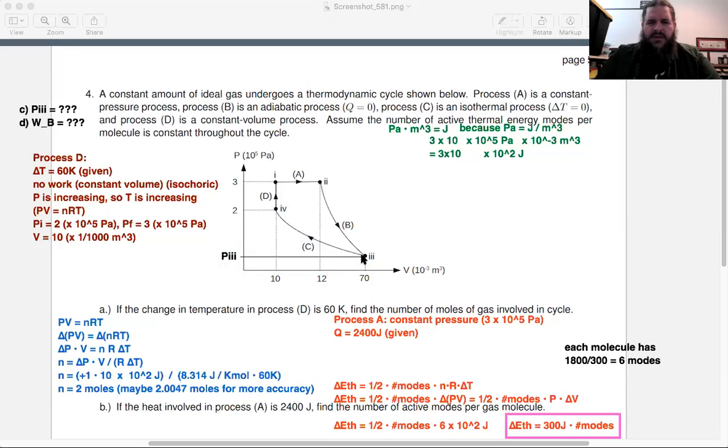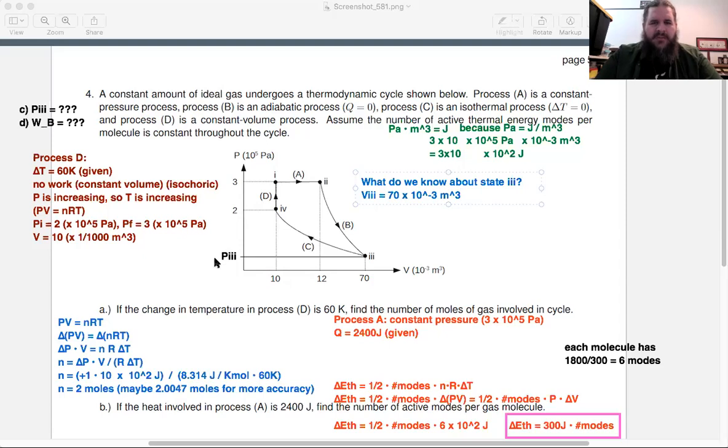Is there anything we do know about point 3? Do we have any of its values? Yeah, we know its volume. That's 70 times 10 to the negative 3 cubic meters.